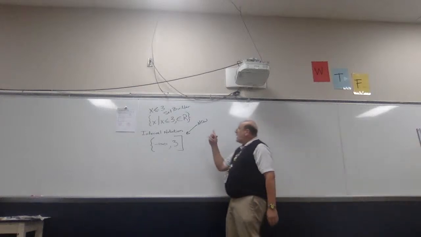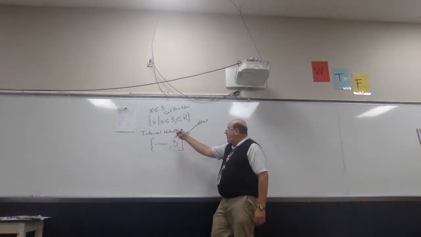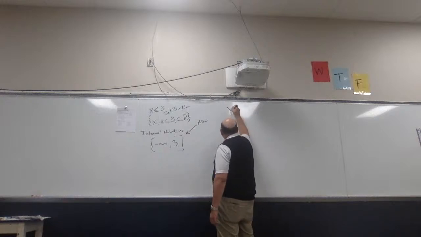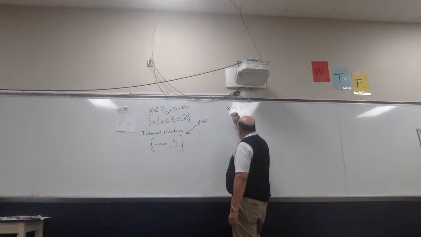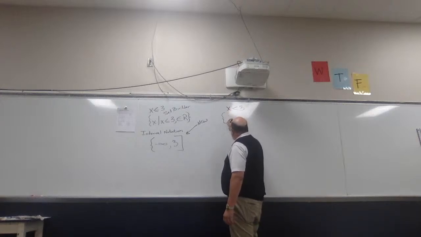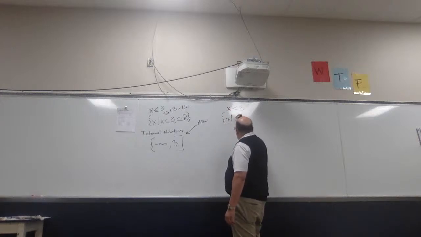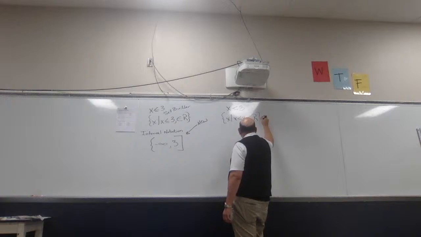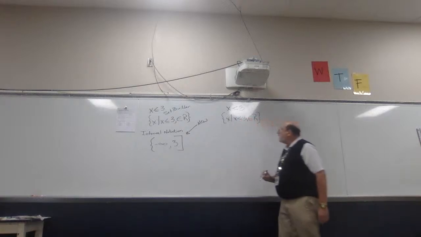Now, if we were talking about x is just less than 3, the set builder notation would then be x such that x is less than 3 and an element of all the reals, right?